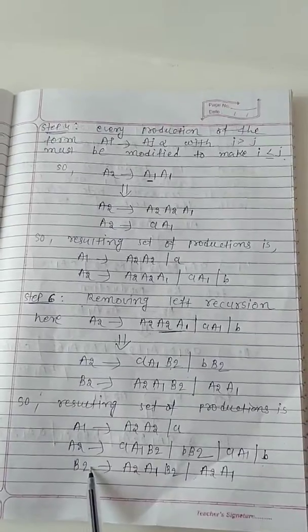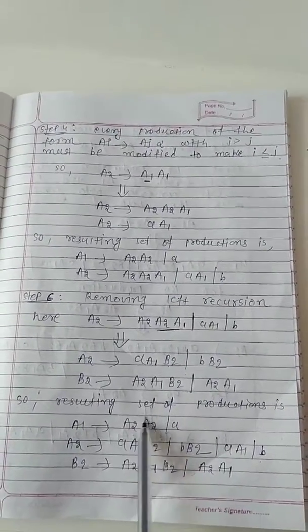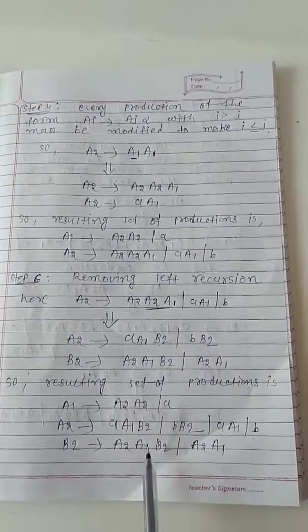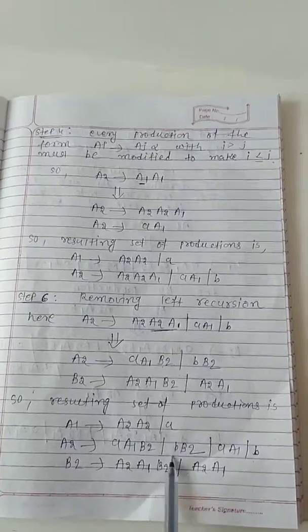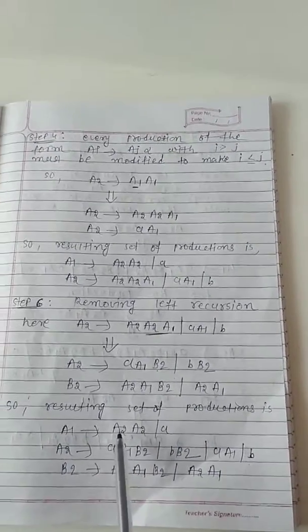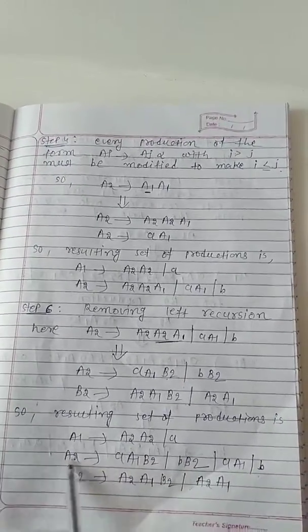But A1 and B2 are not in the GNF form because there are multiple non-terminals and no terminal over here. Same way over here, A2 A1 B2 are all non-terminals, but there is no terminal. So instead of this A2 we will put its value, so we can easily convert the A1 and B2 productions into GNF.